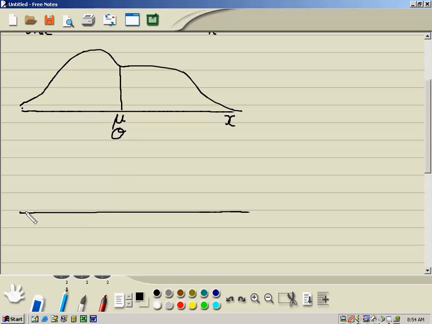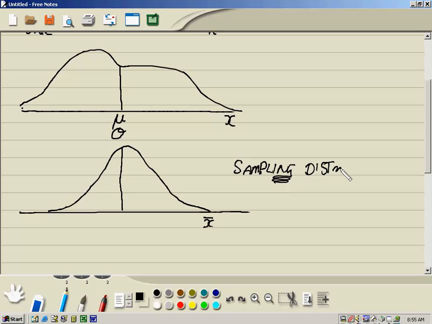And what we have, from material in 214, and this is of course not drawn exactly to scale, is a distribution of all possible sample averages x bar, and it is called a sampling distribution. Not sample, but sampling distribution. The first one, which I didn't label, is the population distribution.